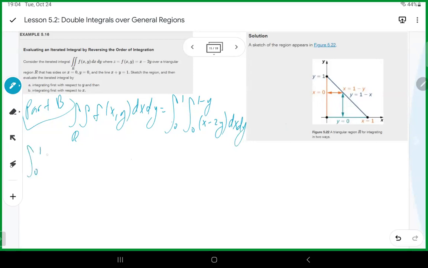So then you have 0 to 1, 1/2 x squared minus 2xy, 0 to 1 minus y, dx. Nope, dy, sorry. But yeah, dy.